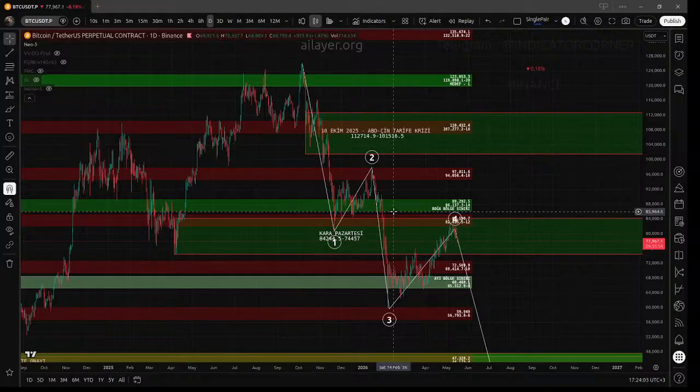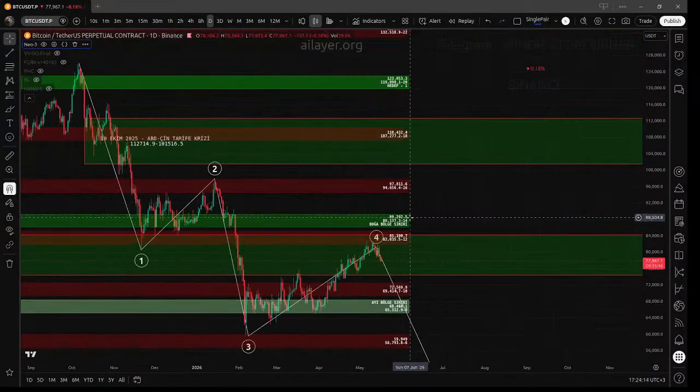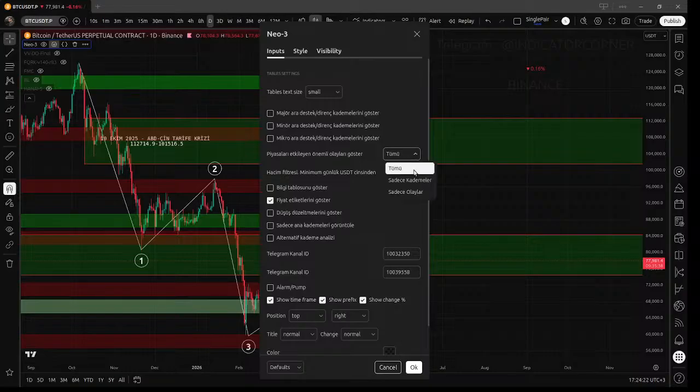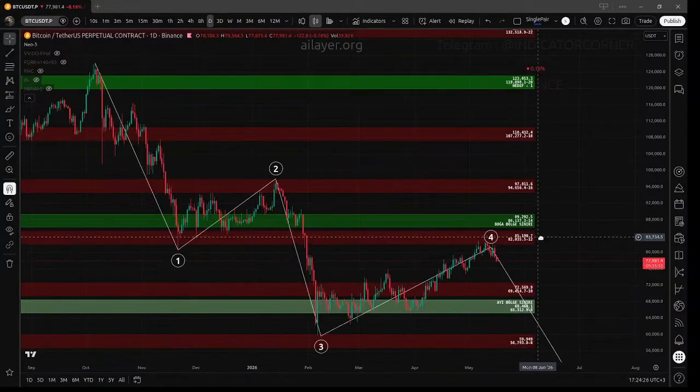Price is sitting inside the critical transition area between bullish continuation, shown here, and structural weakness, just like here. Let me clean the chart to show only levels, not the news events.